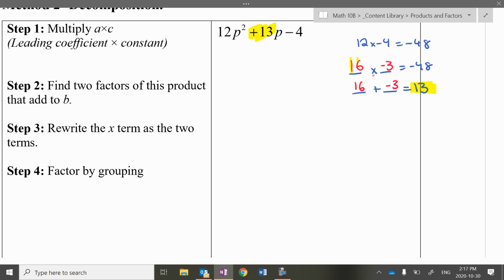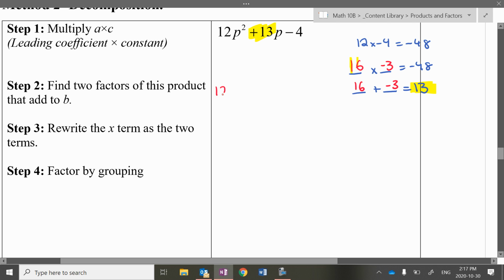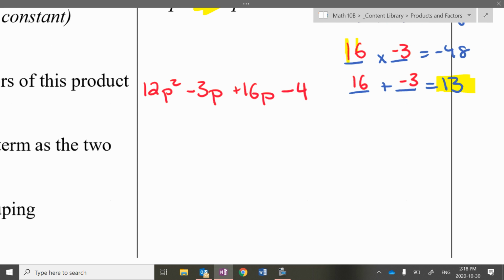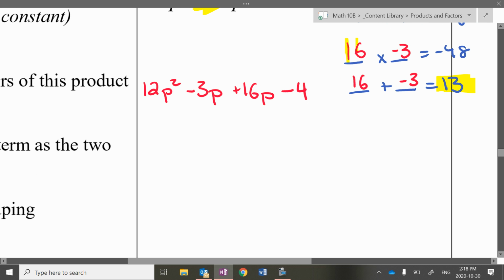If I flip them, it works a little bit better because then I can have my 12p squared minus 3p. 3 goes into both of those. And then I have plus 16p minus 4. 4 goes into both of those. So if you write it down the first way, you might have to rearrange it to make it work, or you could think of it right off the bat, what's going to match up.